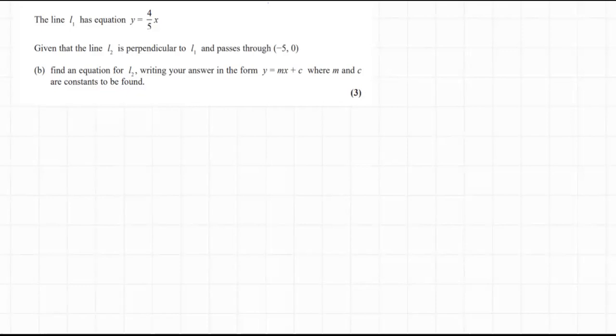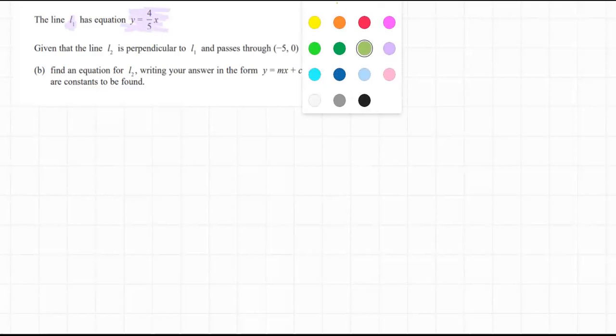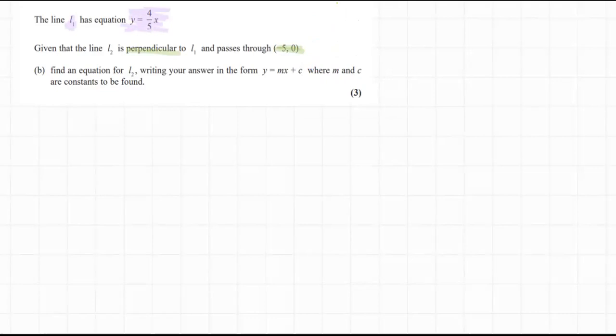Some more information is given. Line L1 has the equation y equals 4/5x. Given that L2 is perpendicular to L1 and passes through the point minus 5, 0, write an equation for L2 and write your answer in standard form. Okay.